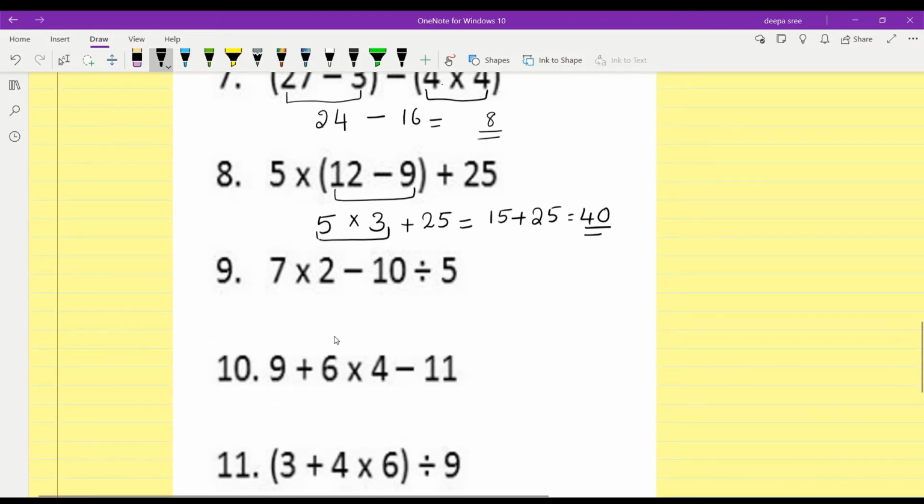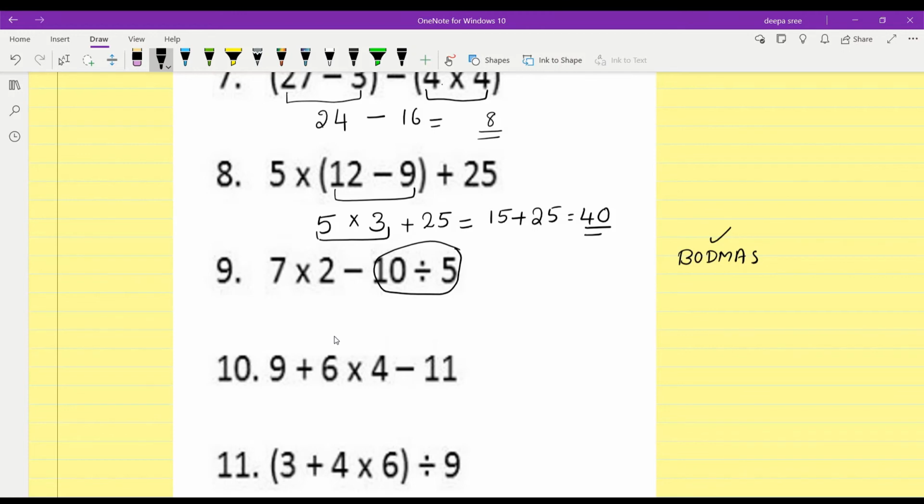7 into 2 minus 10 divided by 5. Here also we have to use the BODMAS rule. If you use the BODMAS rule, here there is no bracket, then division, yes, division is there. We have to first do division because this statement contains multiplication, subtraction and division, all the 3 operations.